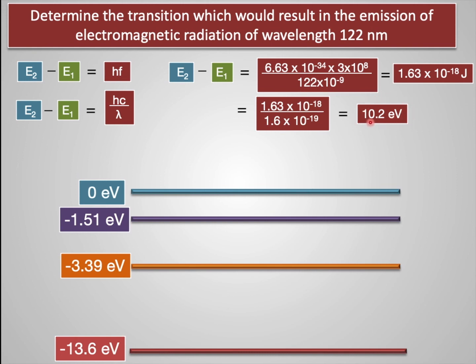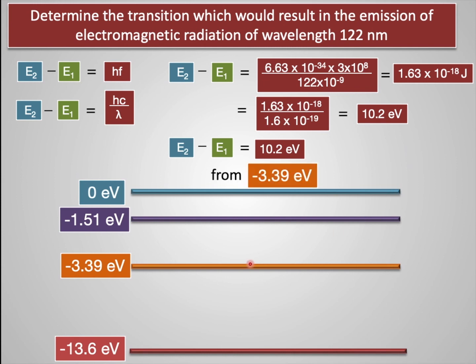The gap should be this much. Now you are going to decide which of these gaps matches with the energy 10.2. You can do some trial and error, and when you subtract, you can see the difference between these two energy levels should be equal to 10.2. It should be jumping down. You should mark downwards because the question says it's the emission.